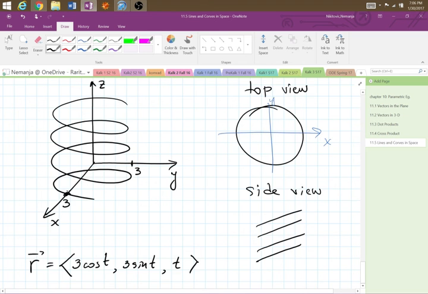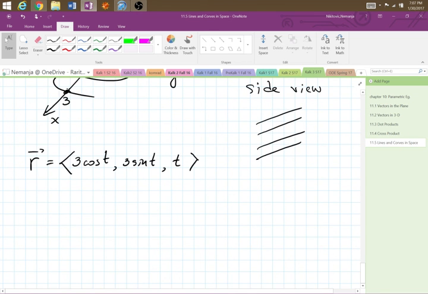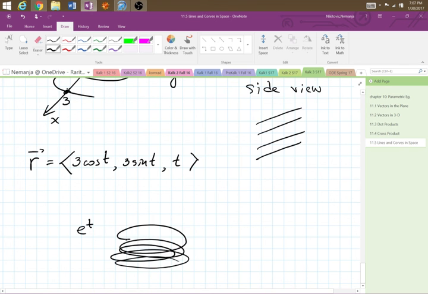And then it can go faster or slower. If the z component is e to the t, a helix might start busy and then just grow really quickly. It's still going to spin, but it's going to spin very slowly. It starts spinning fast and then does that.